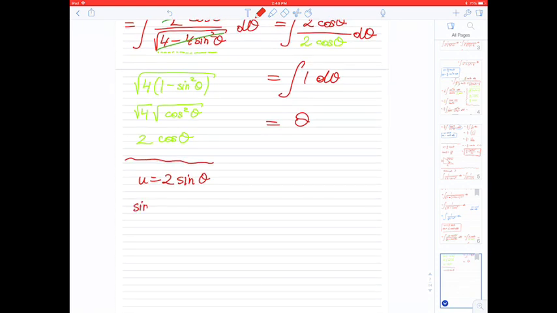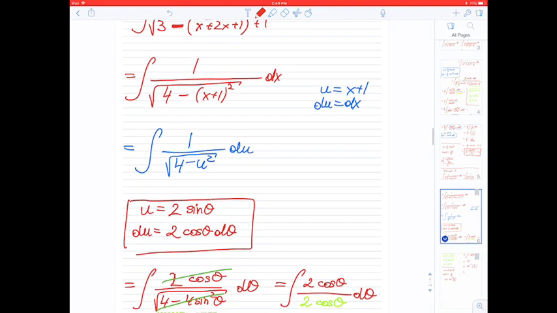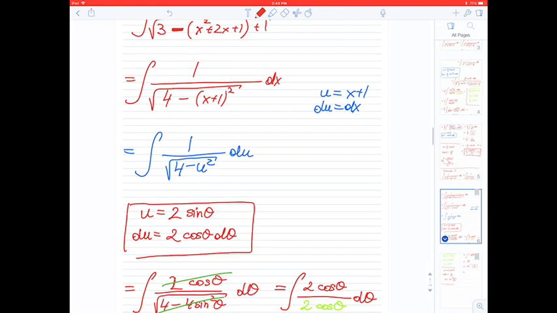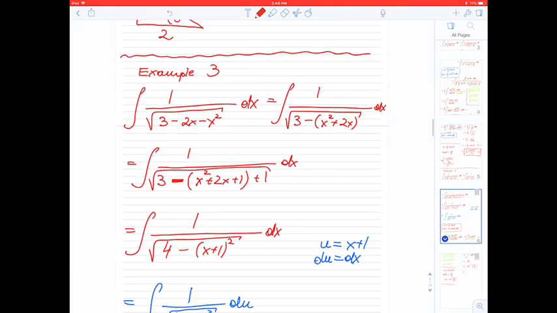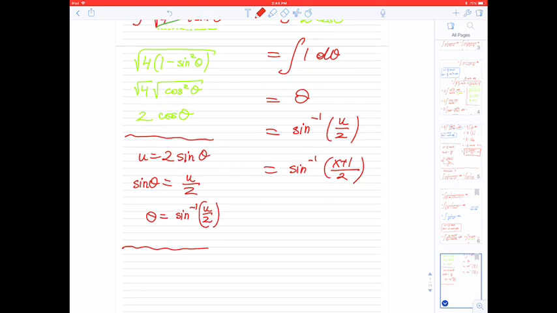That means sine theta is u over 2, and I need just theta. That means theta will be inverse sine of u over 2. Okay, that's what I was looking for. Sine inverse of u over 2. Now, the u was x plus 1. That means instead of u, I will just put x plus 1 over 2. Okay, excellent. That's my final answer in terms of x.